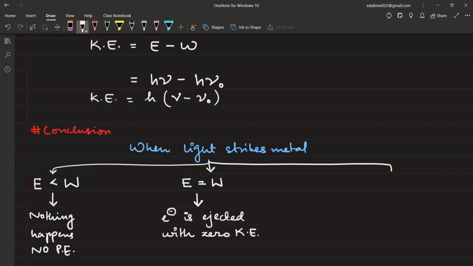And what will happen in the case if the incident light with energy E is greater than work function? If it is greater than work function, then electron will obviously be ejected, and it will be ejected with some kinetic energy.